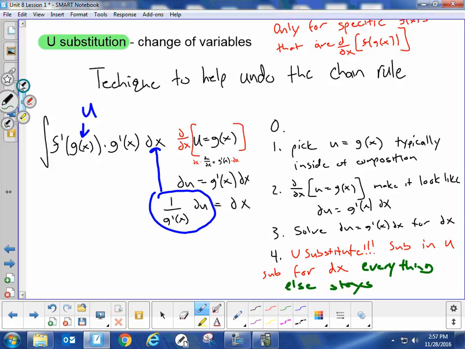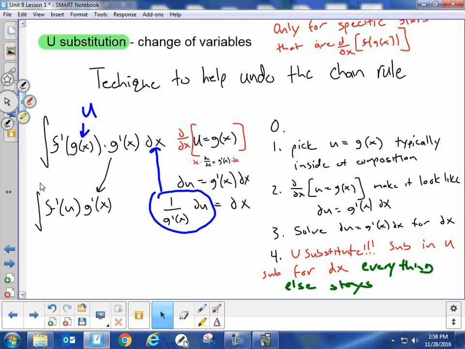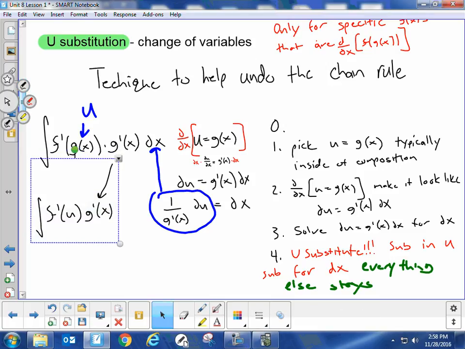Okay? So this is what it's going to look like. Integral of f prime of u times g prime of x, which is this right here. Now instead of dx, I will have 1 over g prime of x times du.